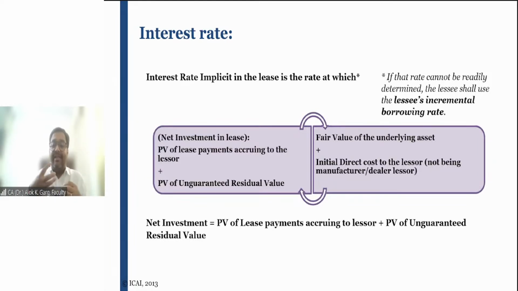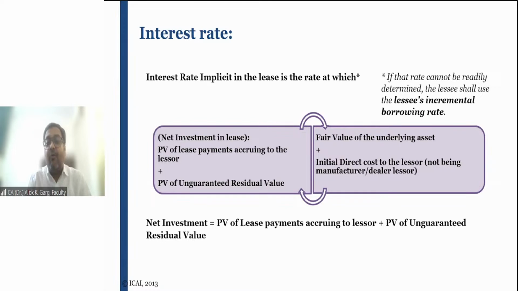So what rate has the lessor used? For example, if I have purchased an asset for 11 lakh rupees, and I am giving it on a lease basis for 10 years, what should my lease rental be, so that when I discount those lease rentals today, I will get this 11 lakh rupees plus some profit margin if the lessor is expecting some profit margin.